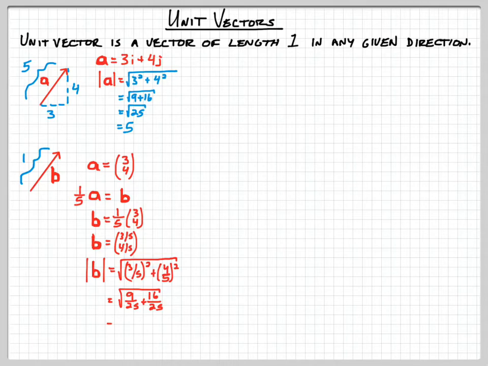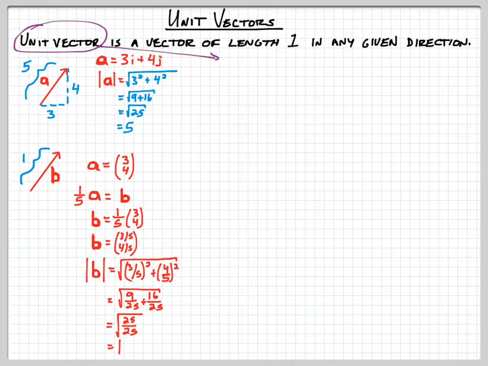Well, we already saw that 9 and 16 is 25, so we got 25 over 25, which is 1. So what we've just done by multiplying A by a scalar of 1 over the magnitude of A is we've basically just turned vector B into a unit vector.